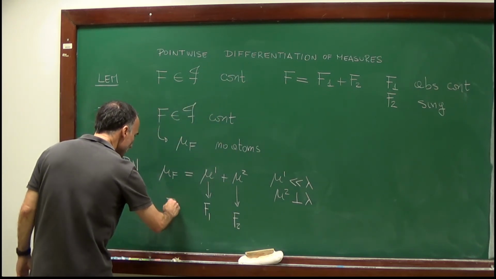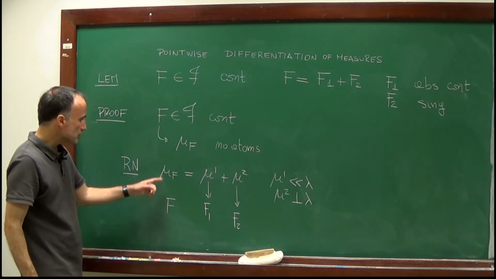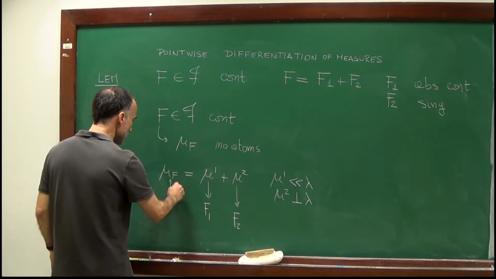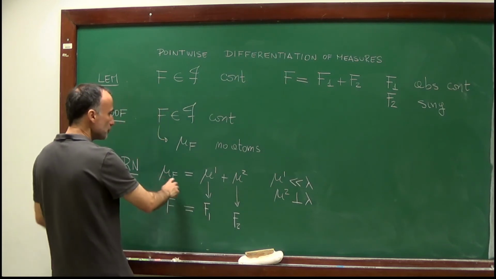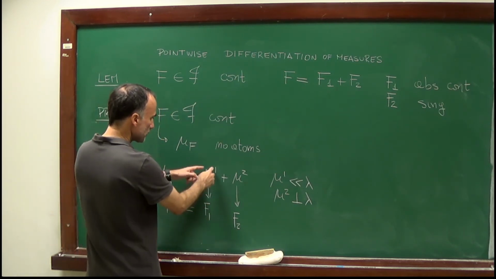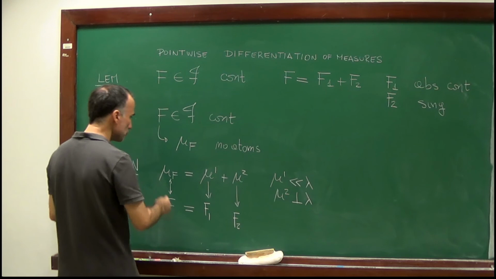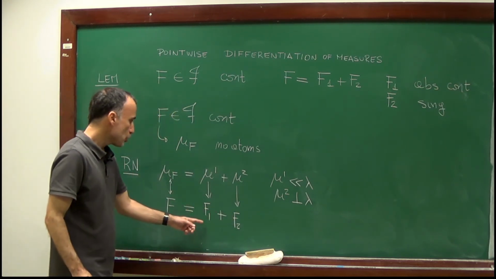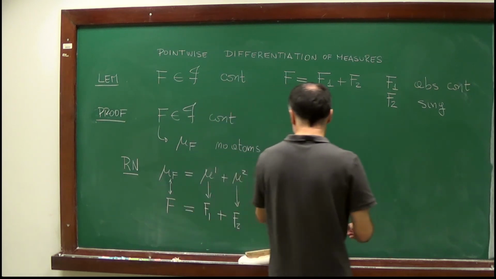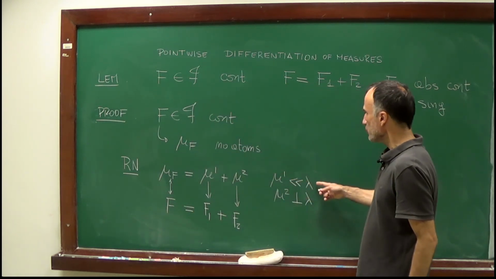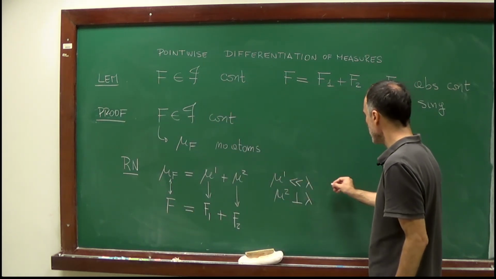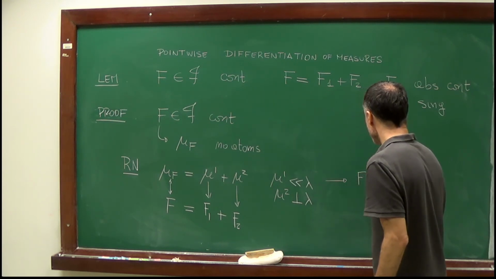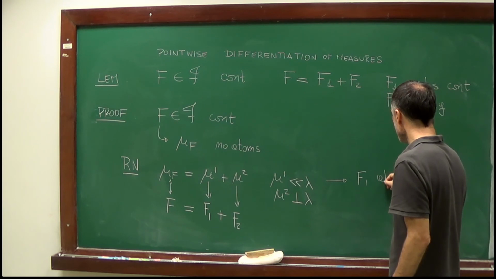We know that the function f associated to mu f is f. We've seen that if f1 is associated to mu1 and f2 to mu2, then we have that identity. Mu1 is absolutely continuous, and we've seen in the previous lemma that f1 is absolutely continuous.